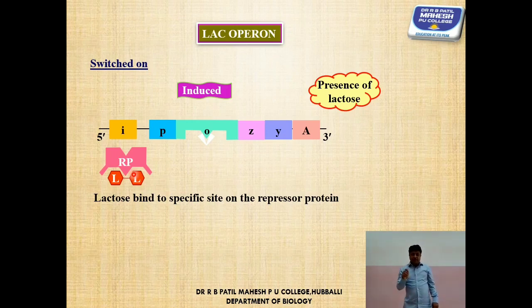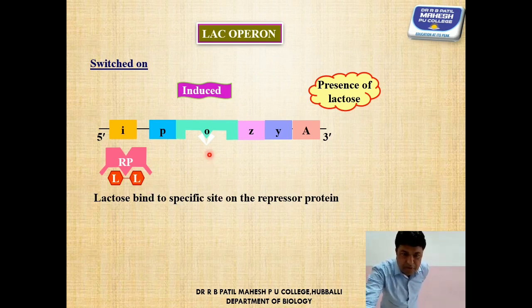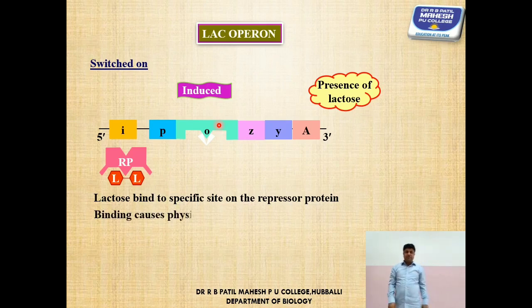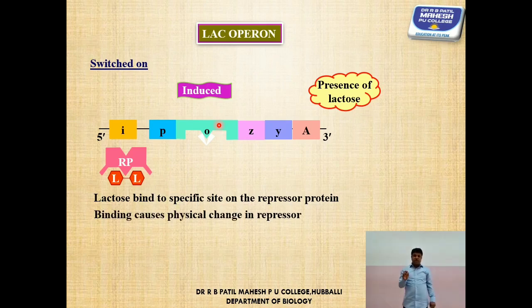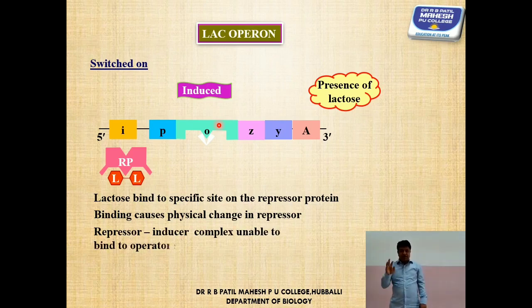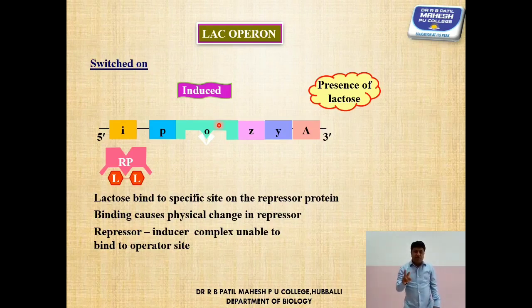So when inducer binds to the repressor protein, this repressor protein is unable to bind the operator gene. So binding causes physical changes in the repressor. So the repressor-inducer complex is unable to bind the operator site.